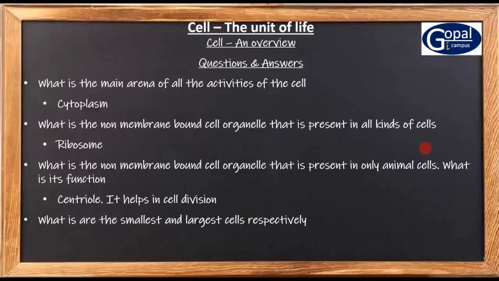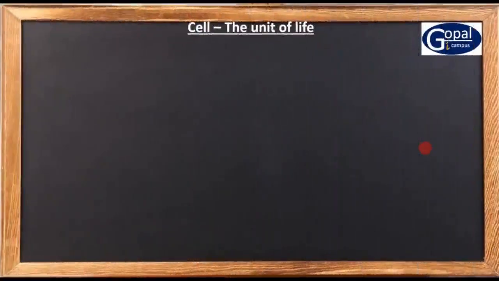Its function is cell division. And the next question is, what are the smallest and largest cells respectively? Mycoplasmas are the smallest cells and the ostrich egg is the largest cell known so far.